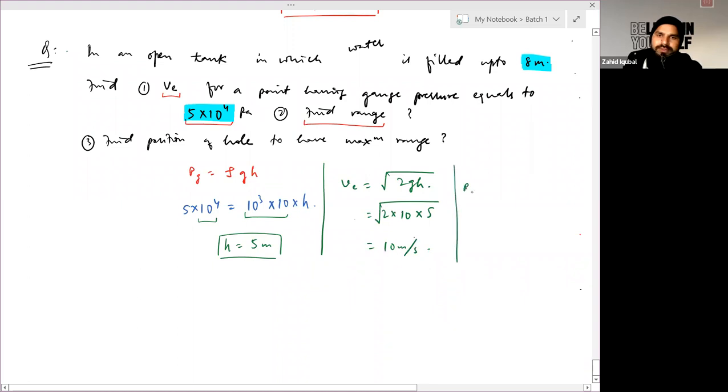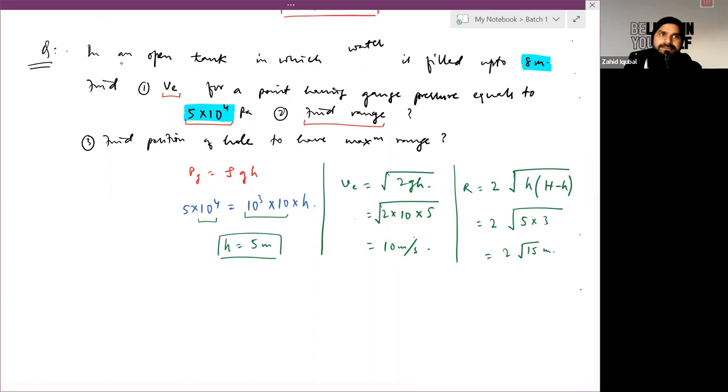The range for this part will be 2 times root under h into (h minus h). The position of the hole in this part is 5, so 8 minus 5 will be 3. The range is 2 root 15 meter. Hiba, is it clear?